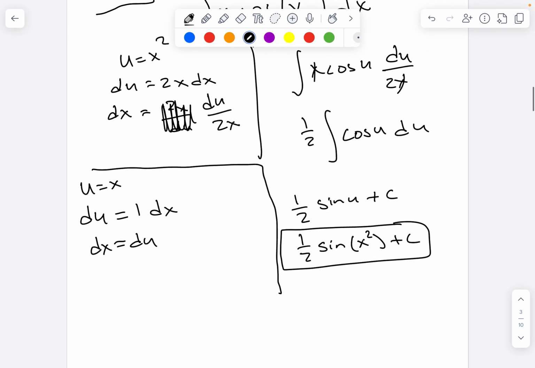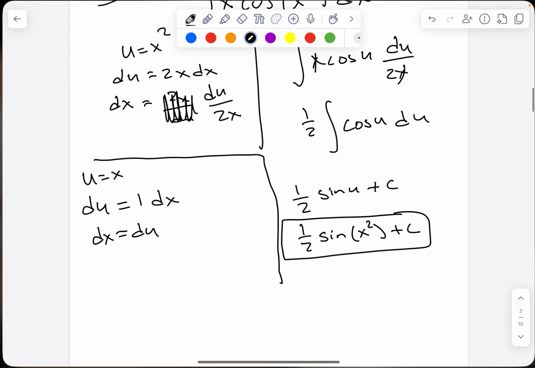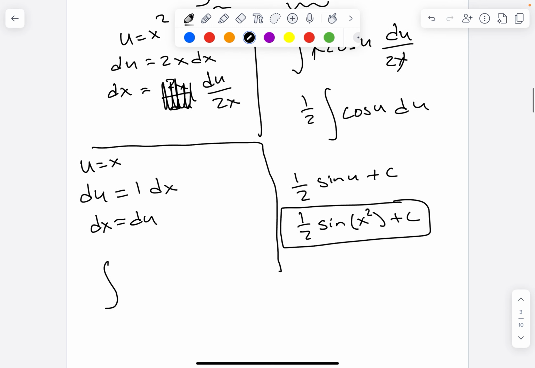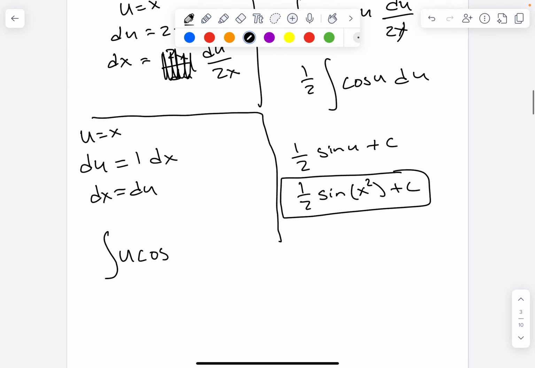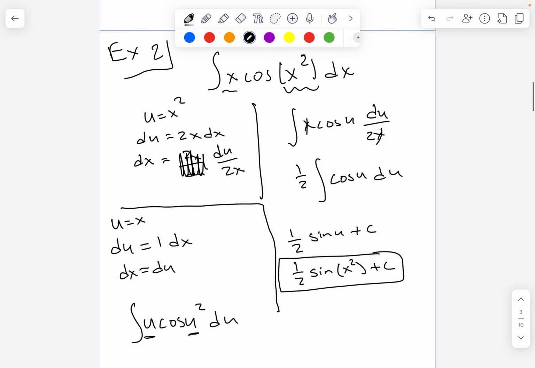So if we were to do it like this, we would get the integral of u cosine u squared du. And notice how this doesn't actually help us in any way because we still have a u times a u. So it's still doable, but it's kind of a useless step. So this is why picking the proper u is important.